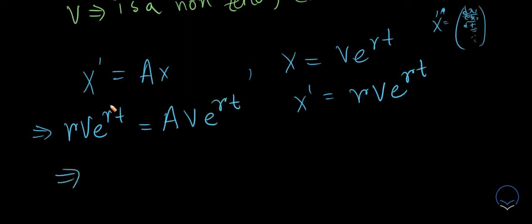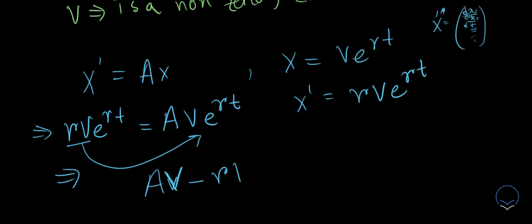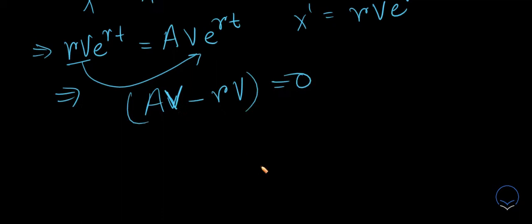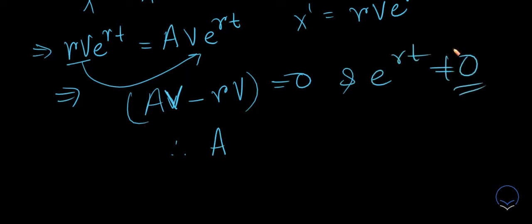And this e to the power rt is not 0, so we can take this onto this side and have (A minus small r) times capital V, where r is a scalar or a number, and this is equal to 0, right? Also e to the power rt is not equal to 0, that's the condition.